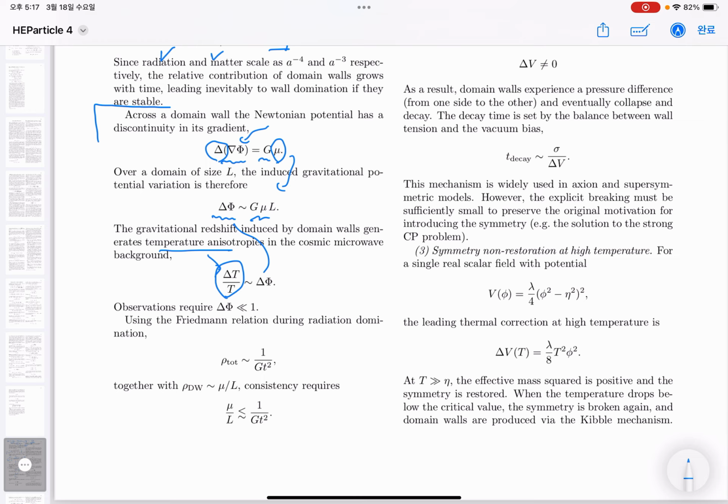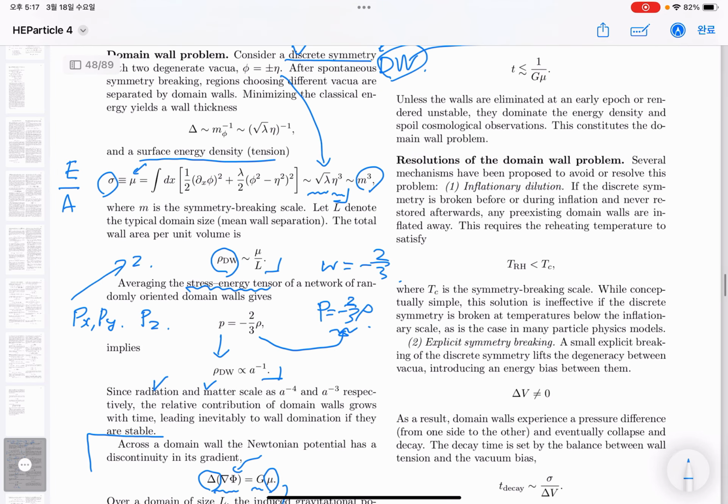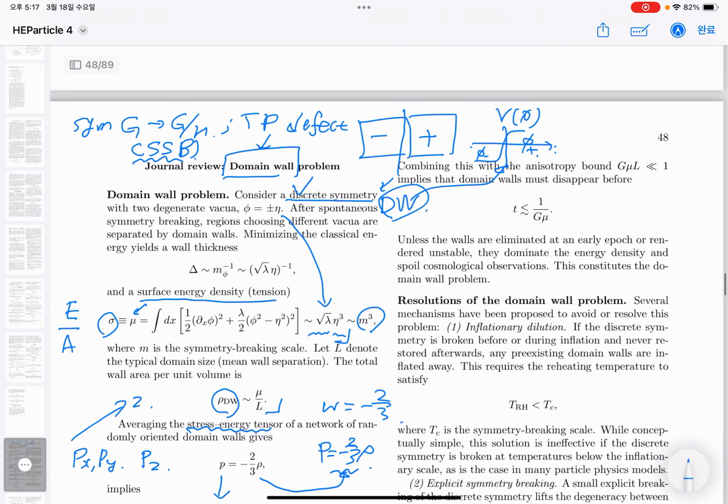During the radiation domination era, the Friedmann equations give that the total energy density is reduced over time, but the domain wall energy density should be smaller than the total energy density. By using that, we can obtain an upper bound on the surface tension of the domain wall.